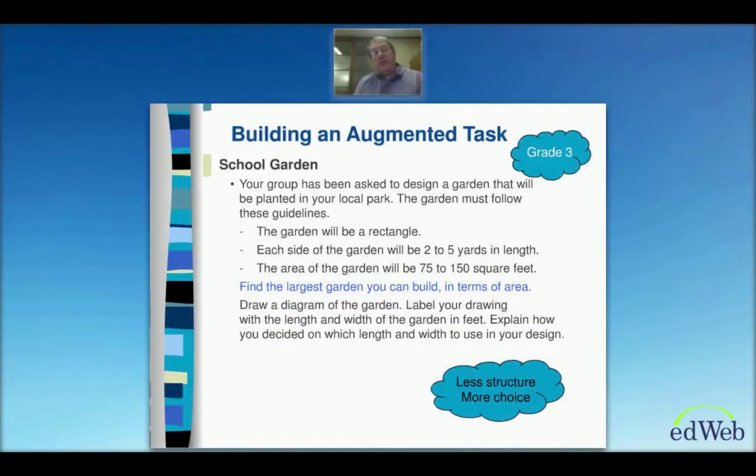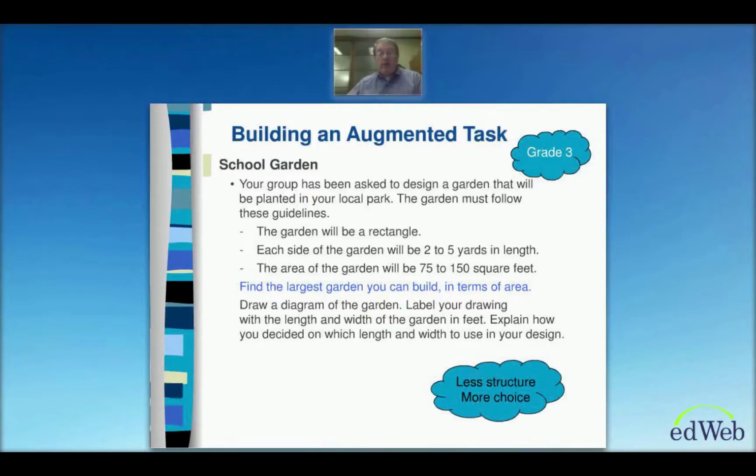So if I decided to change this to one where they find the maximum area, I could ask the question, find the largest garden you can build in terms of area. Now, this is not going to be a task that excludes all the students, because if a student can come up with one solution to it, that's at least a start.